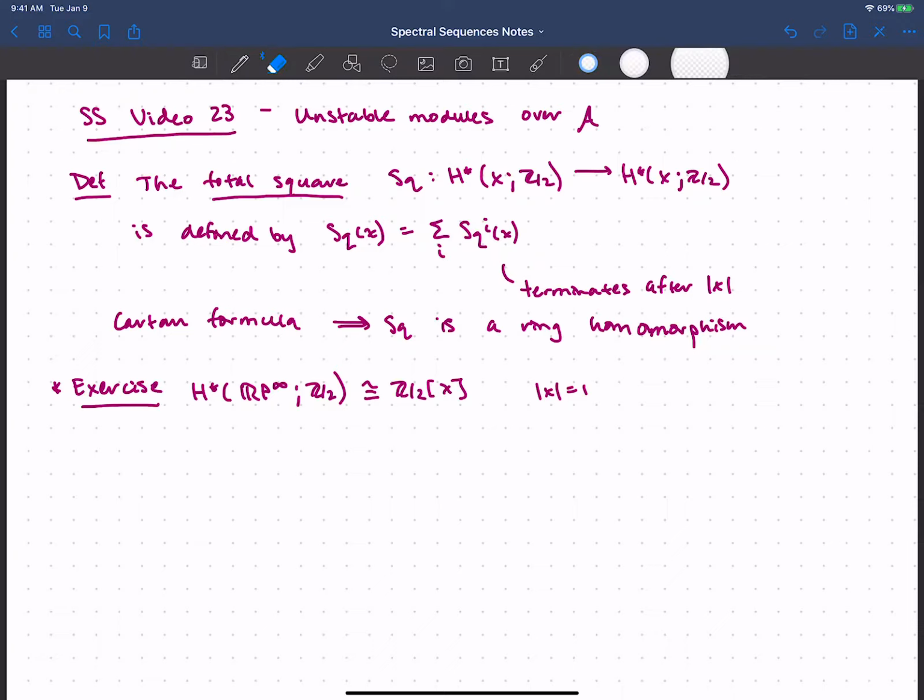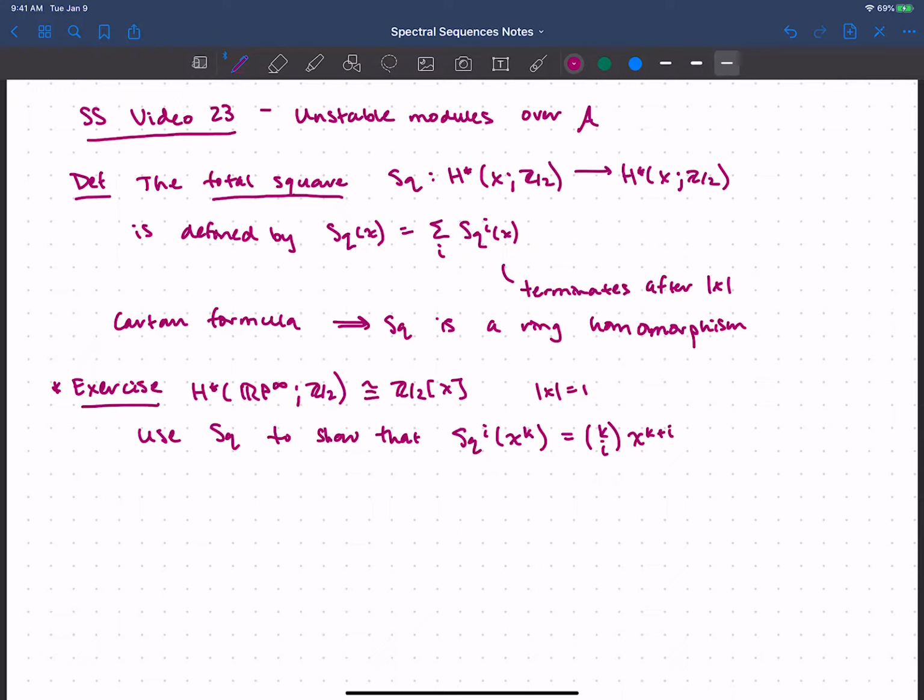Actually, it's to use this total square to show that we know how to compute the Sq^i on any class here. Well, remember, I only care about homogeneous classes in cohomology, so those all look like x to the k for some power k. And what does Sq^i do on that? Well, it should take me to k choose i, x to the k plus i.